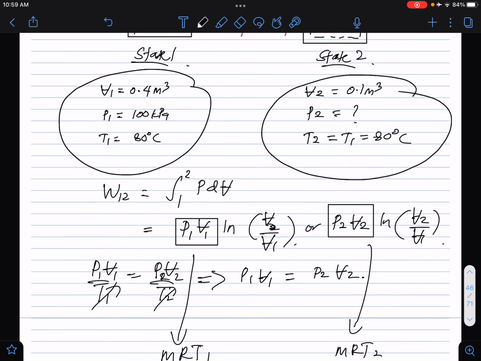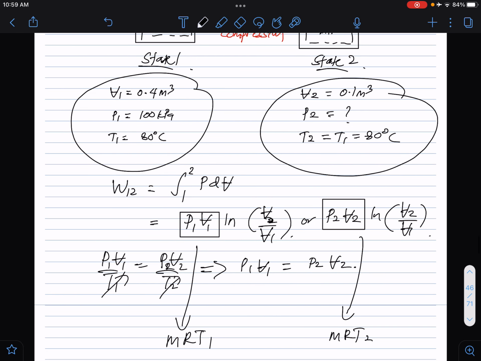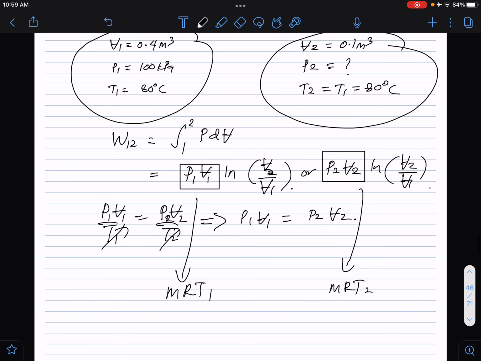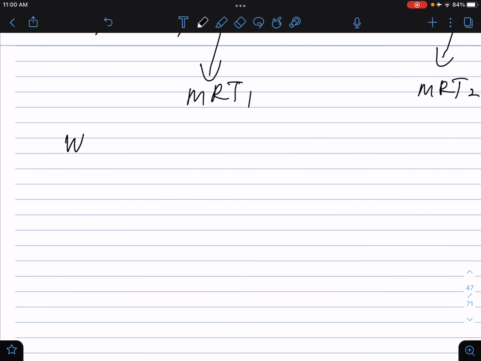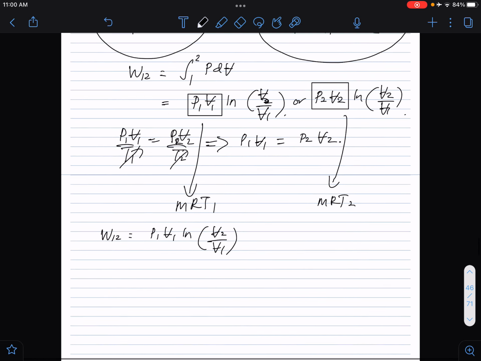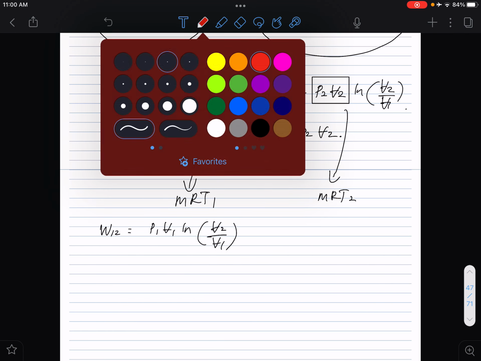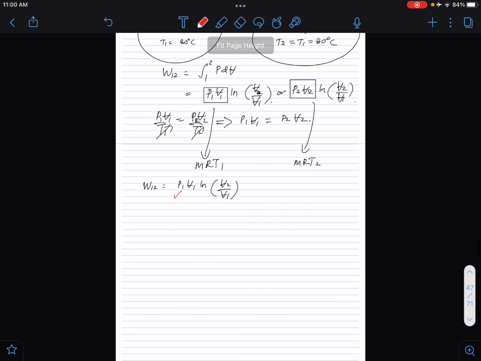So in this case I will use the values at state 1 and look at what unknown is left. W12 equals P1 V1 ln V2 over V1. So now we look at which parameter is not mentioned. Do we have P1? Yes. Do we have V1? Yes, V1.